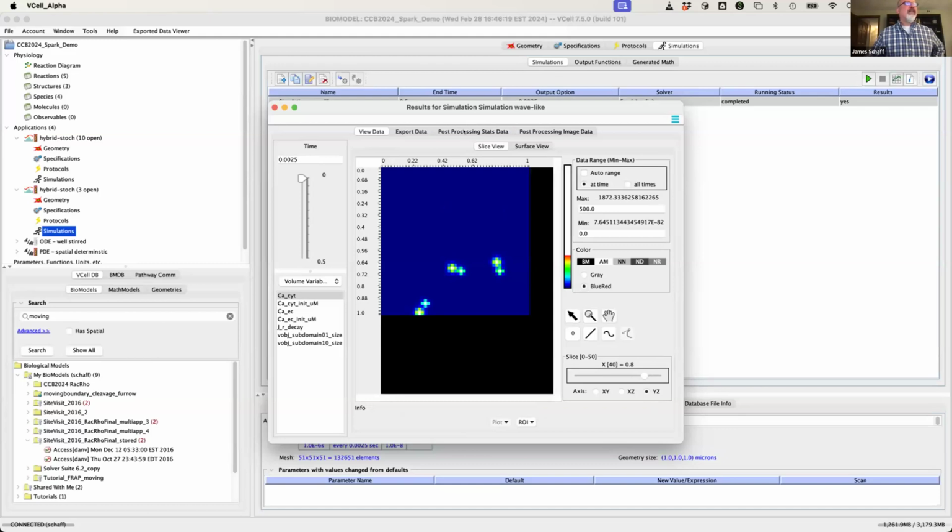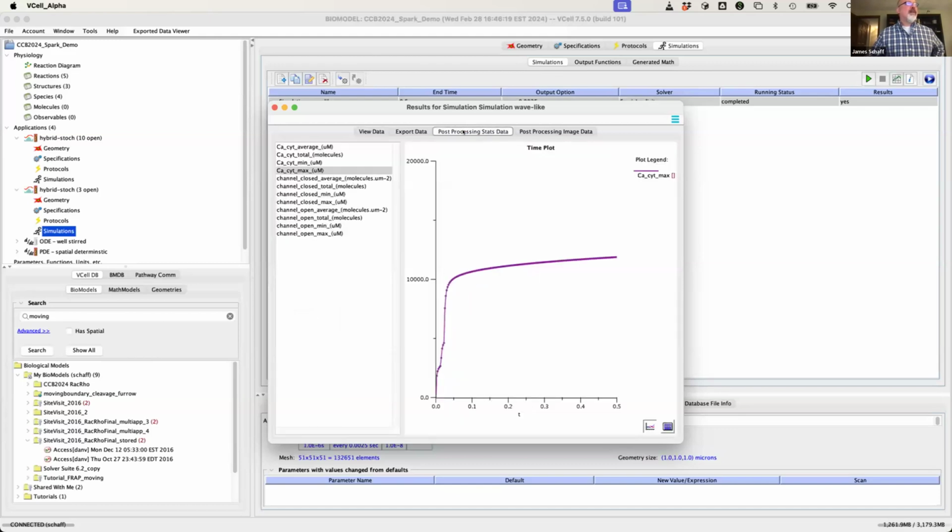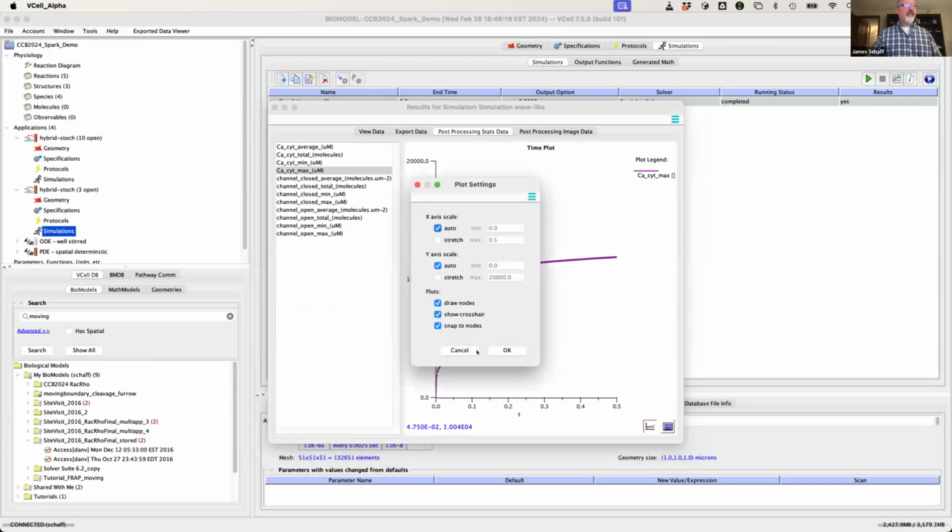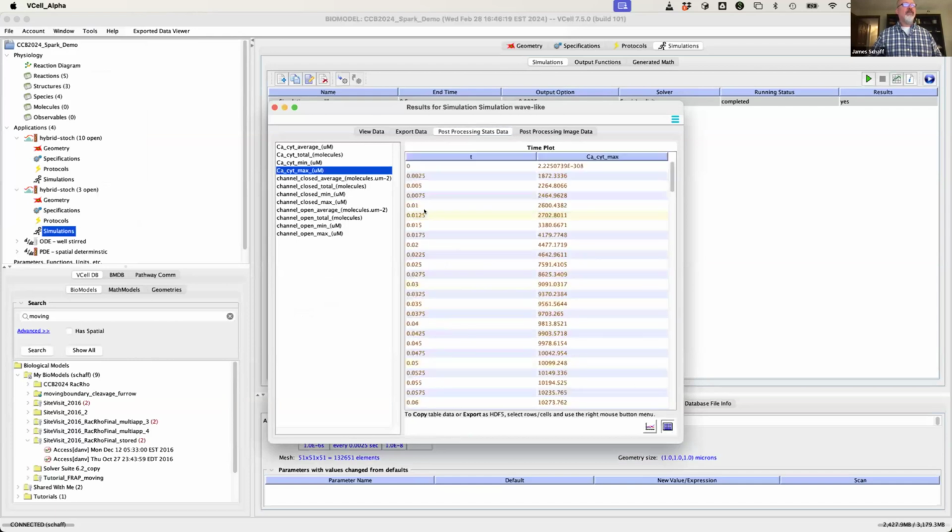And if you look in the post-processing results, and even if we zoom in, or just look here, the average cytosol calcium is still around 1, right? Even during that short time.